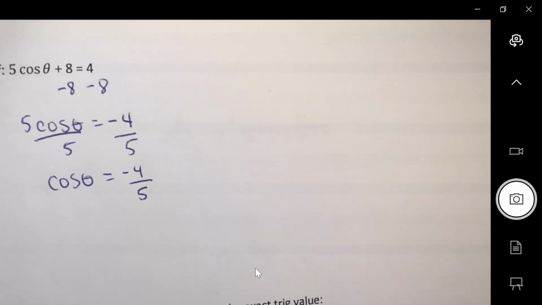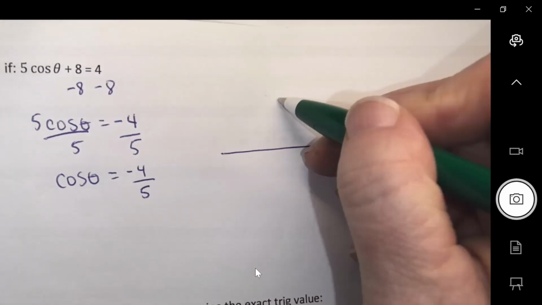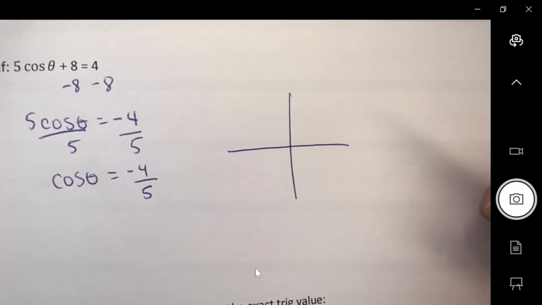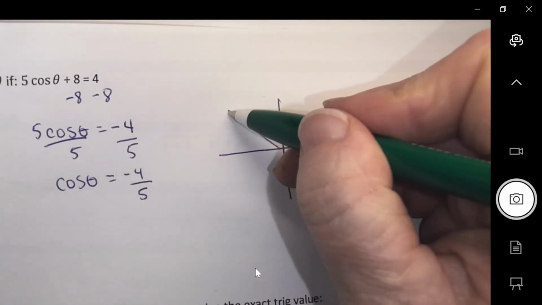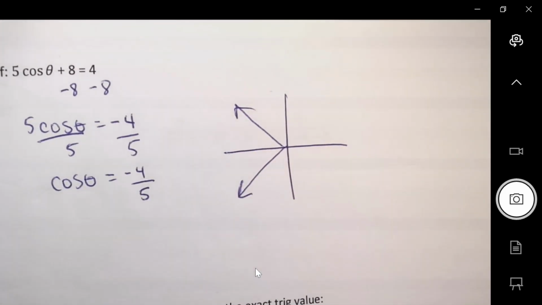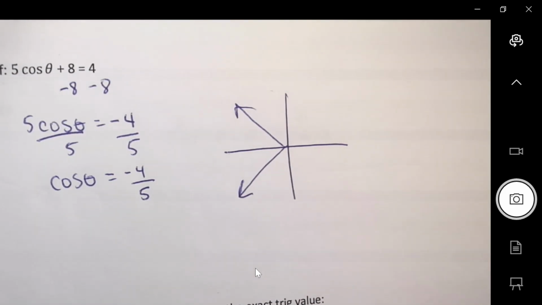Okay. Done the algebra. Activate your trig mode. What's the first thing you do? Figure out ASTC location. Wherever this angle is, the cos is negative. On the 2 left quadrants, because cos is the x, so it's left.